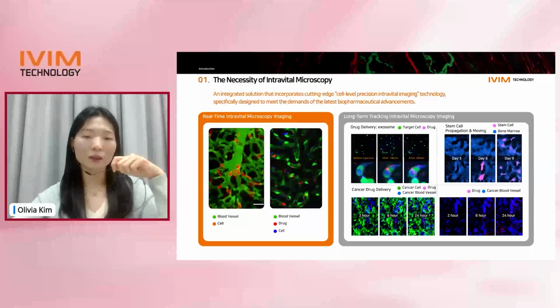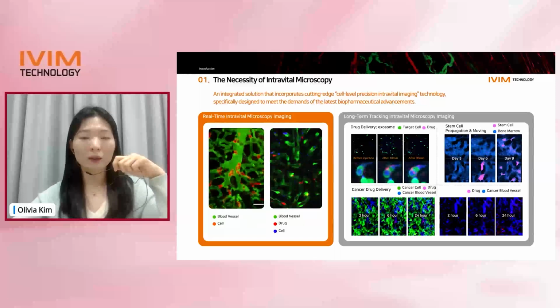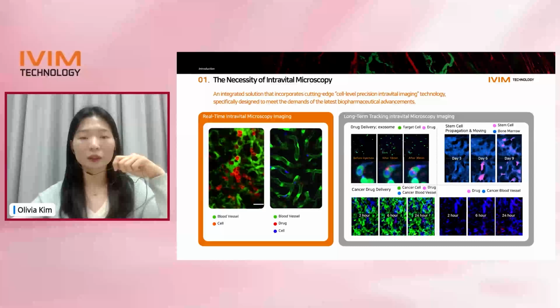Our system, in particular, enables us to track how drugs travel through the body and how they interact with the cells. In addition, by leveraging transgenic mouse models expressing fluorescent proteins along with fluorescently labeled antibodies, researchers can selectively visualize specific cell populations or molecular targets in vivo.